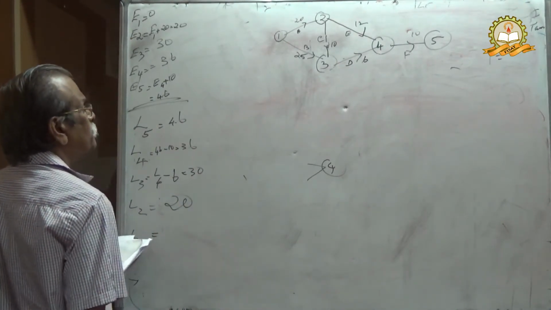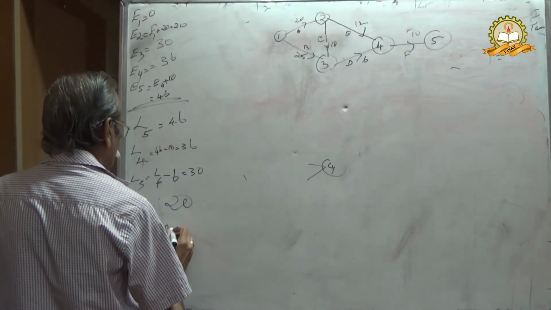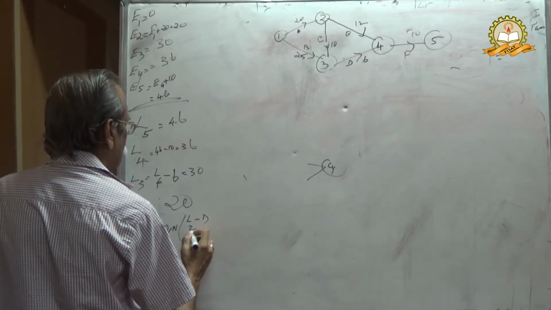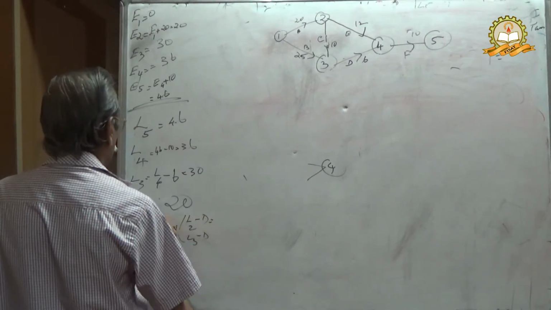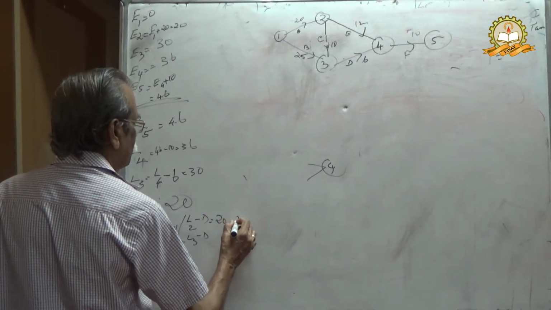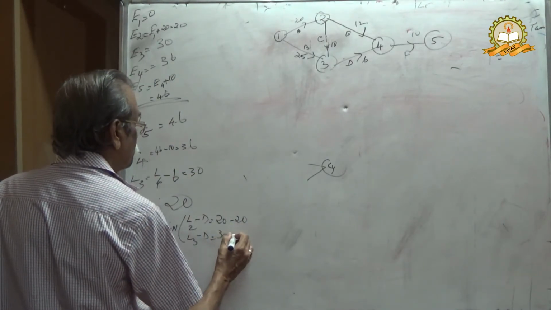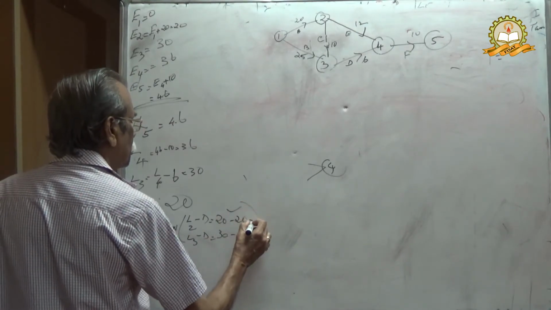L1 equal to the minimum of L2 minus duration or L3 minus duration. L2 equal to 20 minus 20, 0, or L3 30 minus 25, 5, but the minimum is 0.